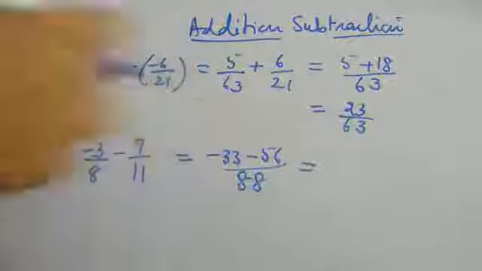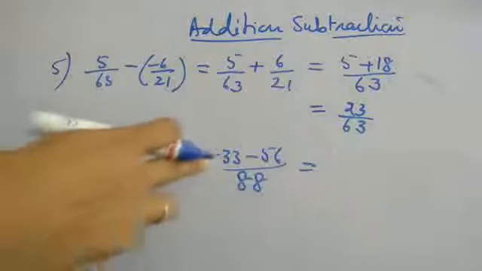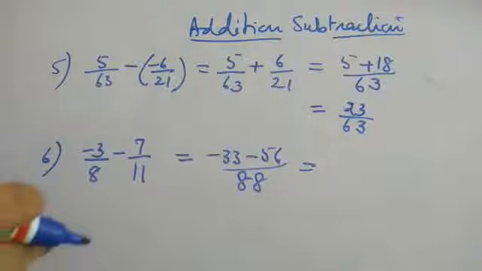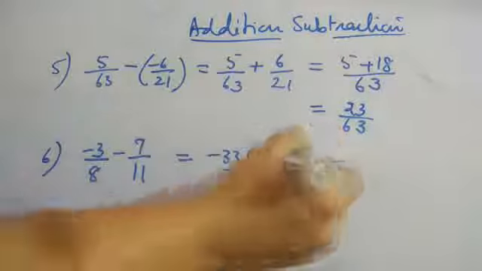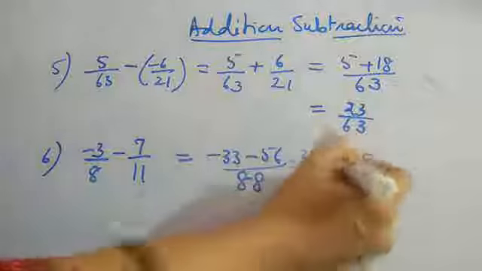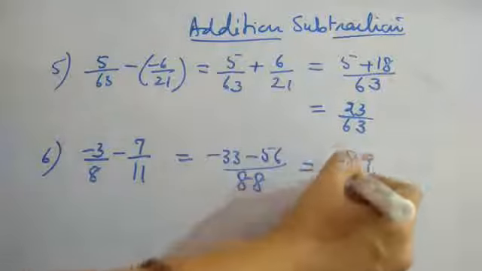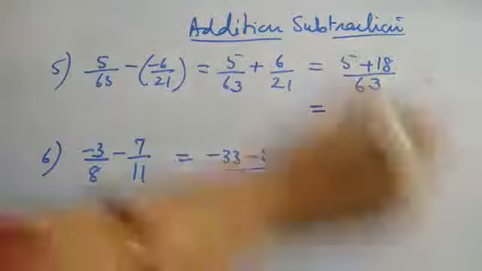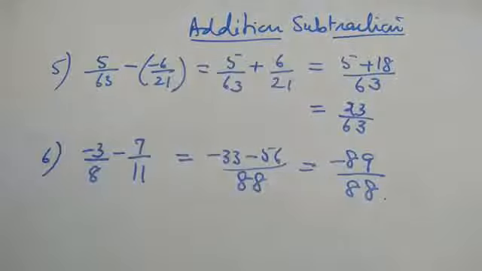Now I told you that the knowledge of integers is very important. Both are having the negative sign, so they will be added and the sign will be minus. So 6 and 3 is 9 and 5 and 3 is 8. Minus 89 upon 88 is the answer. Okay. So that was about addition and subtraction.